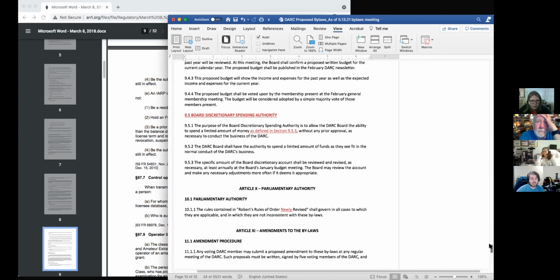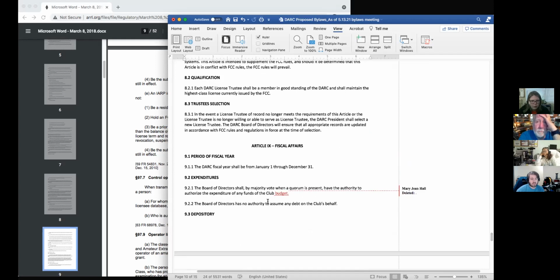Do you want to say any funds outlined in the membership approved budget? That's a good way to word it. That way, if it's already in the budget, then we're free and clear to do what we need to. Or just take the word operating out to say, of funds as specified in the budget.